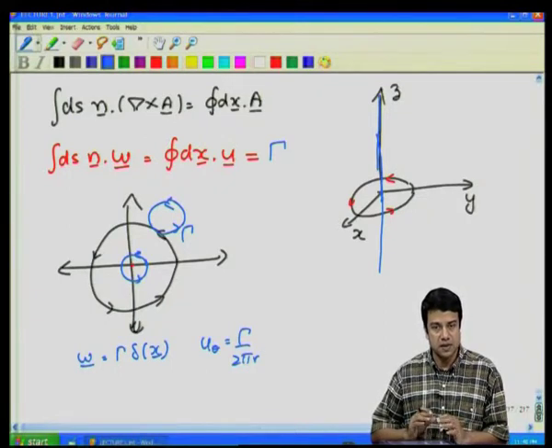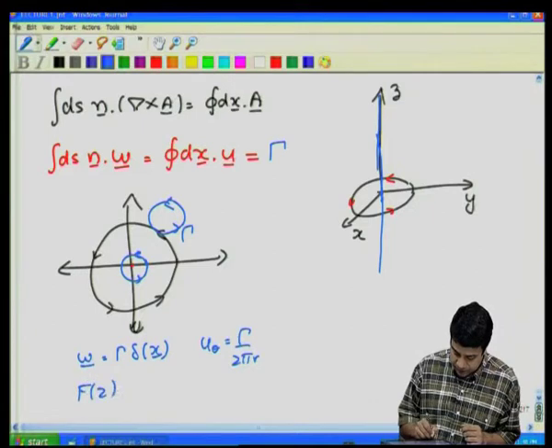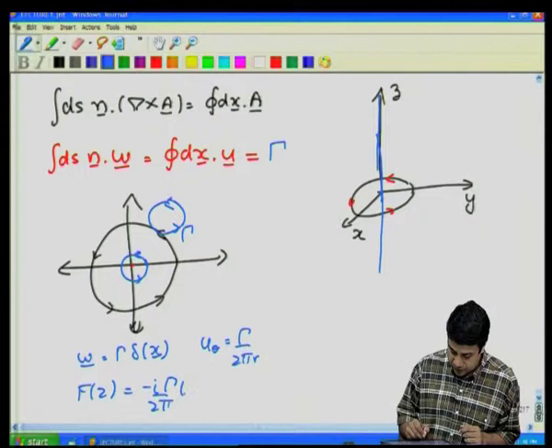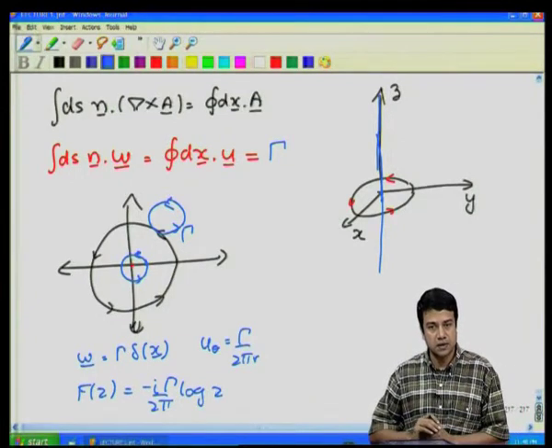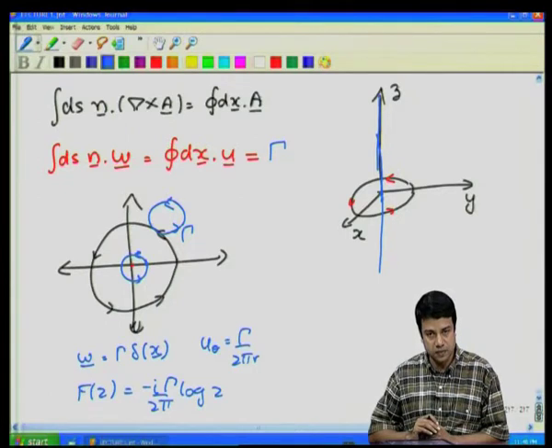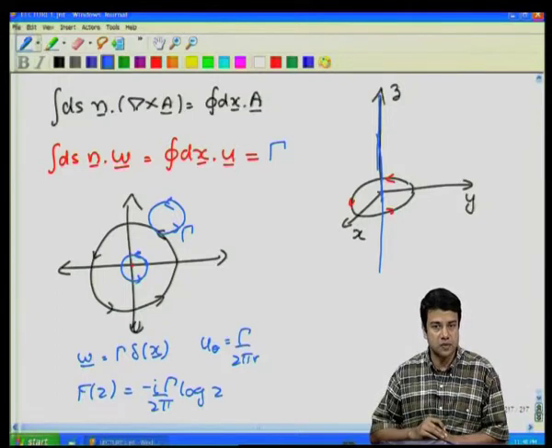So, this is the flow around a line vortex, for which the function f of z is equal to minus i gamma by 2 pi log z. So, this is a line vortex. M by 2 pi log z is a point source, or a line source at the origin, a point source in 2 dimensions and a line source in 3 dimensions. This is a line vortex.